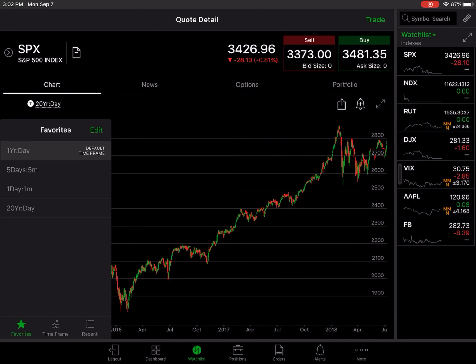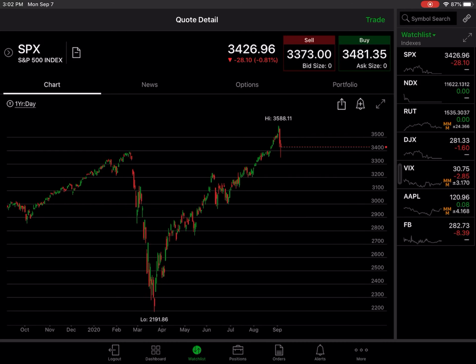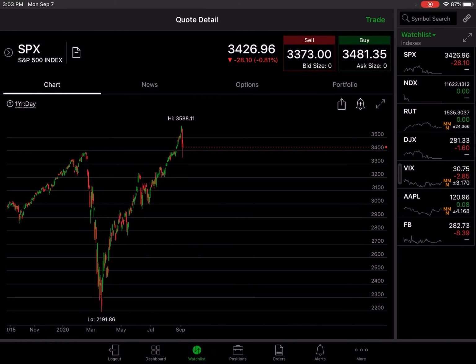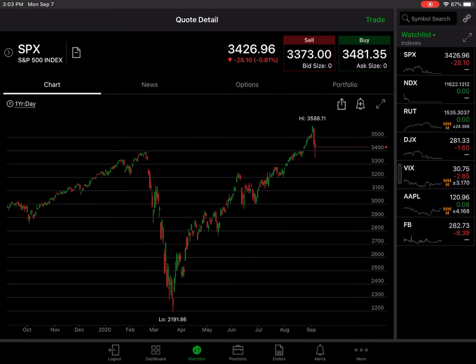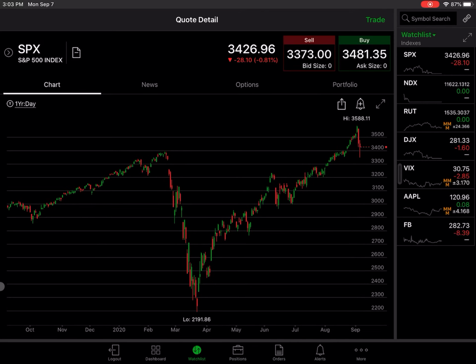But on a 1 year chart, when you're doing that, the way you want to draw your lines is basically by zooming out far enough with your fingers that you can see the oldest day of the year, and then zooming back in until you can see what is September 7th back here and September 7th here, whatever the current day is. That'll give you a good place to draw your lines.